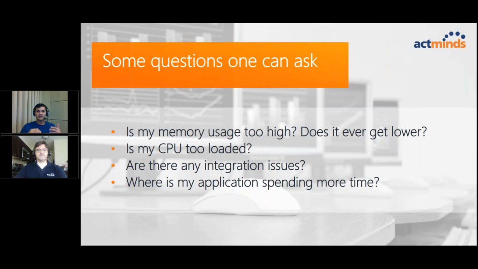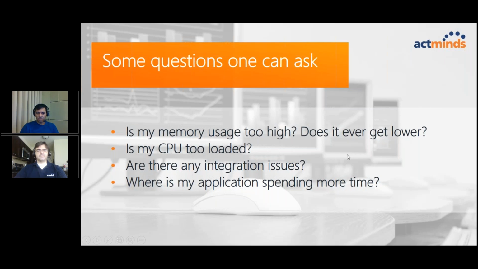Am I using too much CPU when I'm running determined business scenarios of my application? What about integration? Am I integrating with something running in a cloud or maybe even in another cloud or a third-party service? Or maybe I'm just using the file system and that might be causing issues as well.